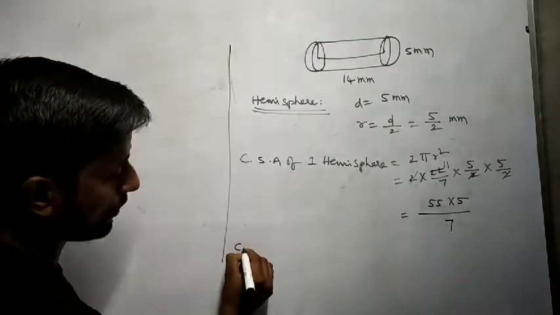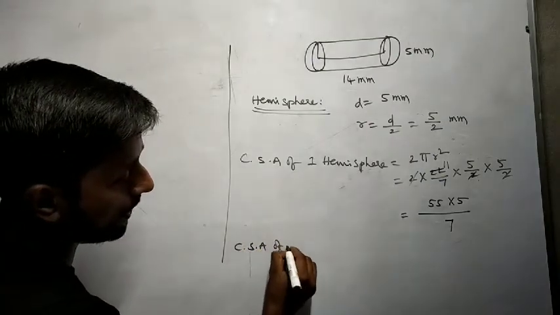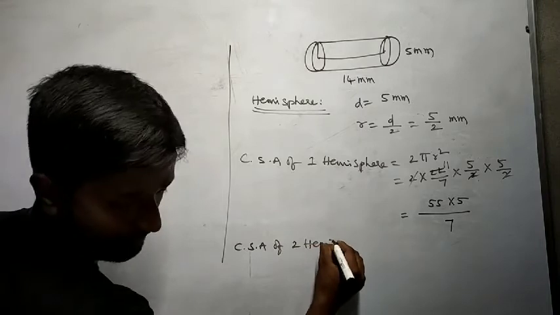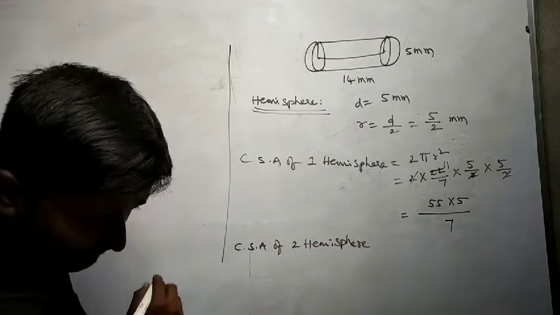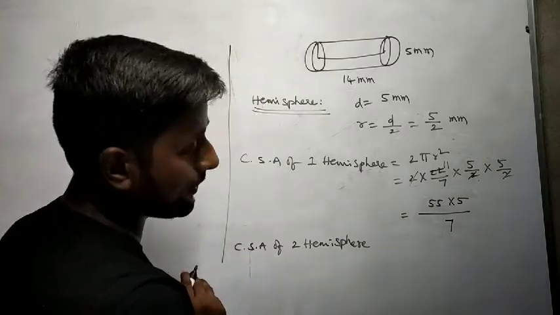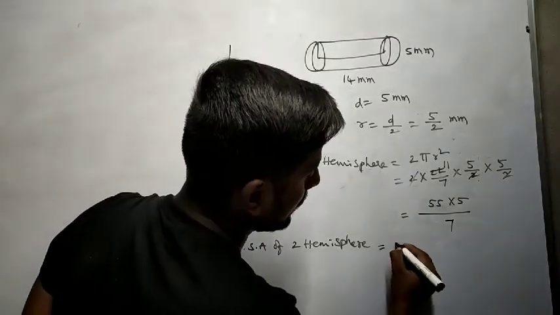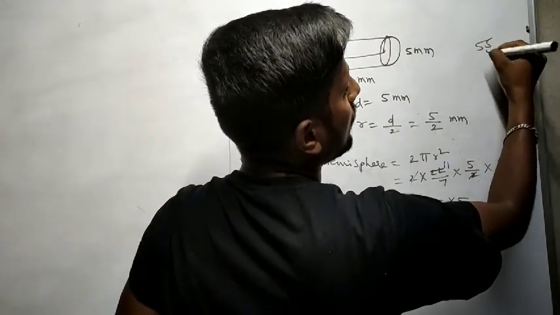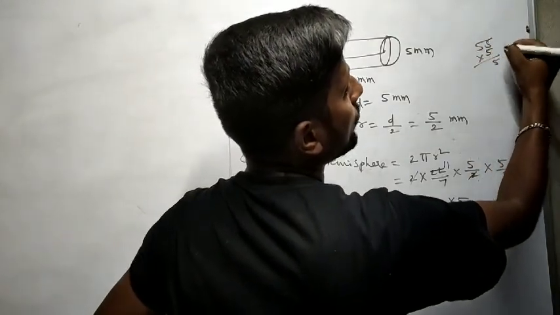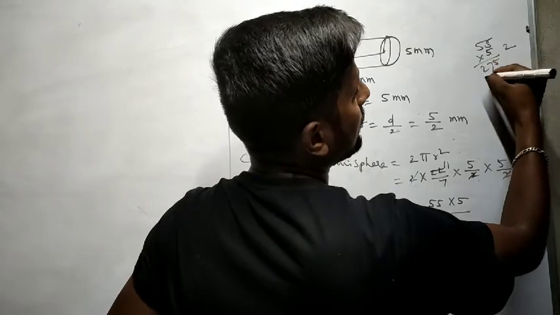Next, now I'll find the CSA of two hemispheres. So 2 into 55 into 5, better to do 25 2s are 50 and 25 is 275.